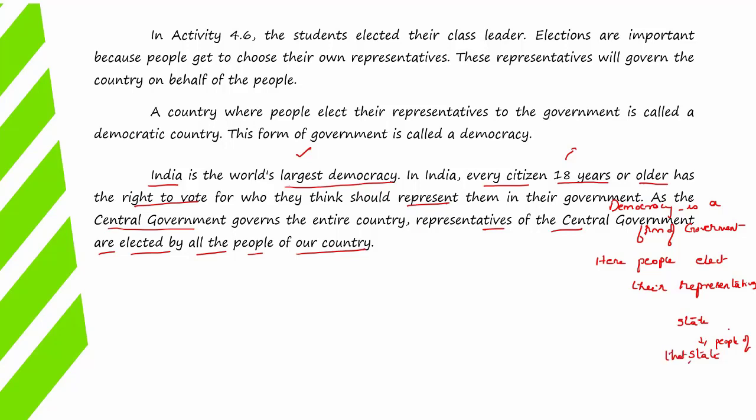Telangana people will elect their Telangana state representatives. Andhra Pradesh people will elect their representatives of Andhra Pradesh state. Kerala, like that. So which is the country which is the largest democracy? India. Who will vote? The citizens above 18 years.